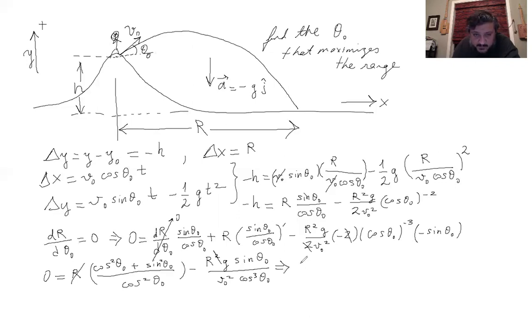So from here I will get 0 equals 1 minus r g sine theta naught divided by v naught squared cosine theta naught.